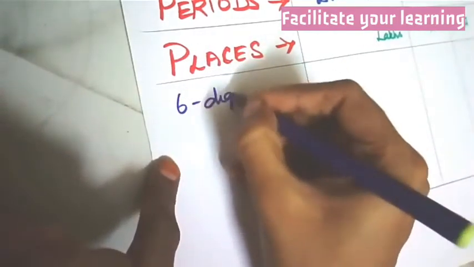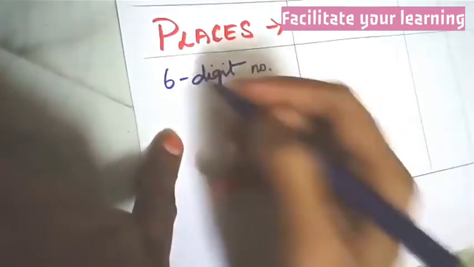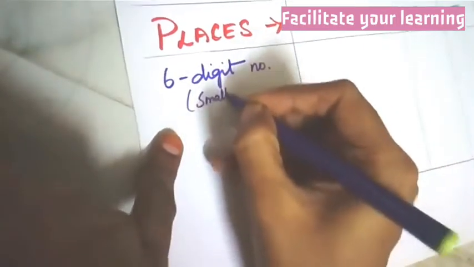Now let us write the 6 digit number in a place value chart. What is the smallest 6 digit number? How does it look like?